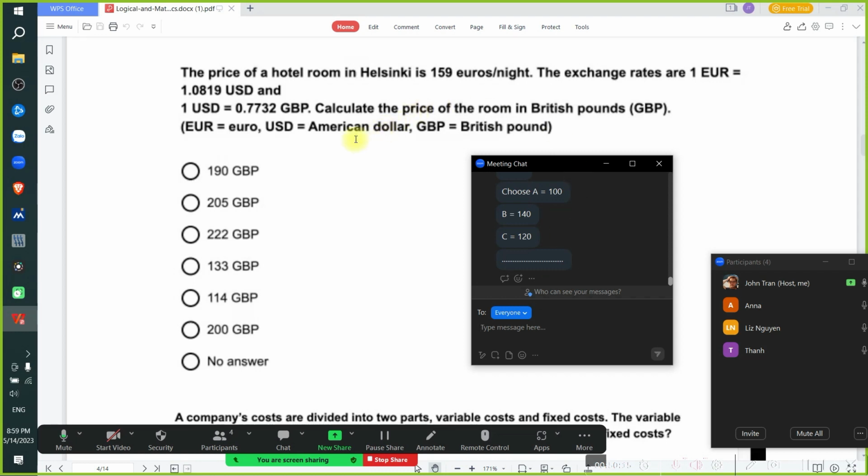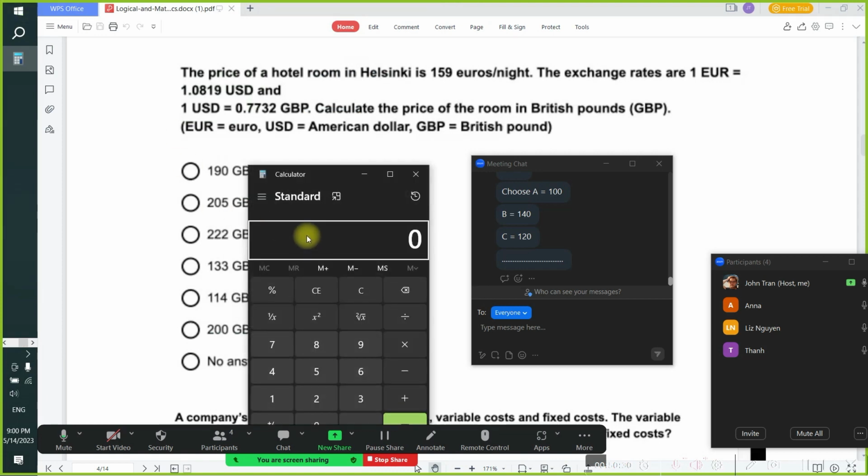You have to convert to calculate the price of a room in British pounds. Let's say 159 euro. You have to convert to dollars, so you times this number.